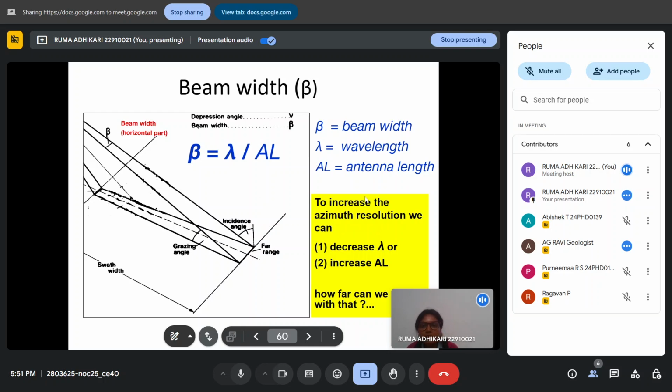So we need this beam width, this is called the beam width. And we are now interested in the azimuth direction, this one.